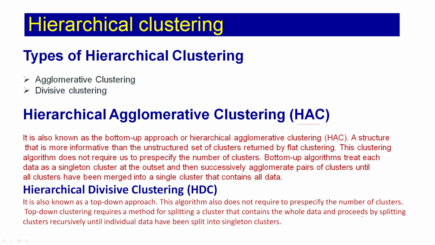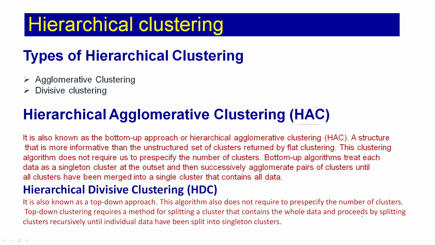Now, there are two types of hierarchical clustering, you have to understand that. One is called agglomerative clustering, and the second one is called divisive clustering. What is agglomerative clustering, or HAC? This is known as a bottom up approach. Okay, sorry, this is a bottom up approach. I think I told you wrong.